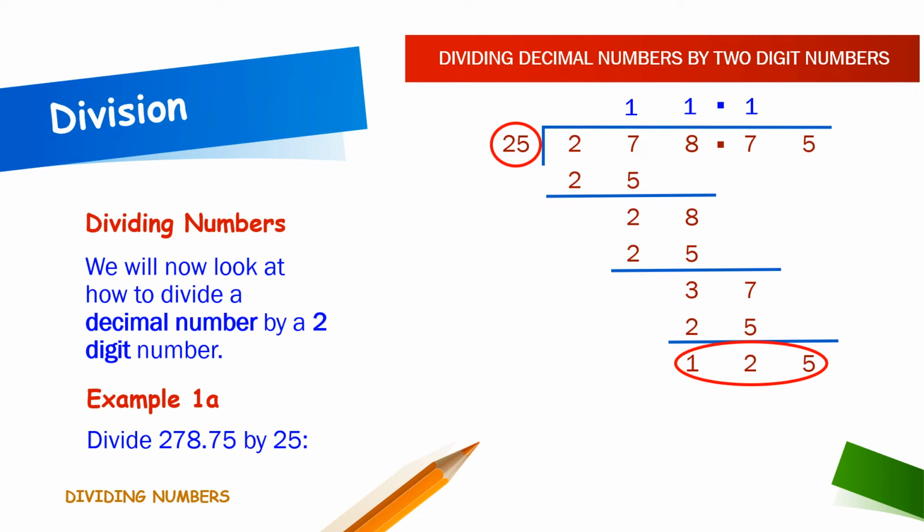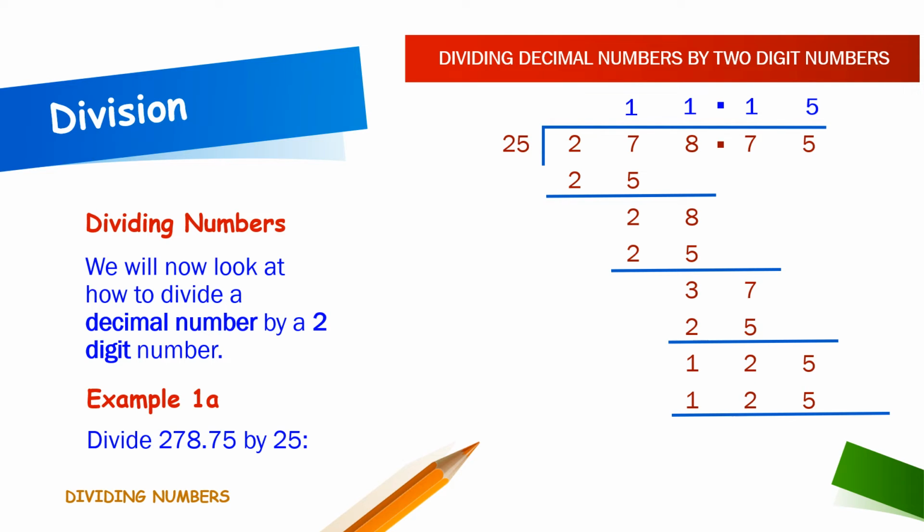And now, how many 25s are there in 125? There are 5 25s in 125, so we position the 5 here. Multiply 5 by 25 to give 125 and position it here.